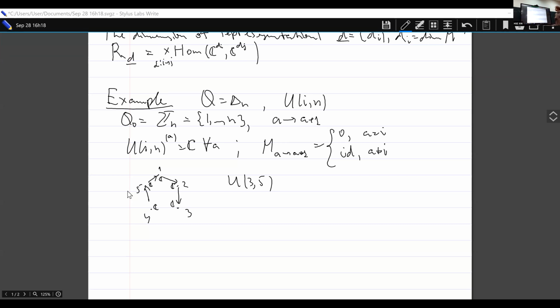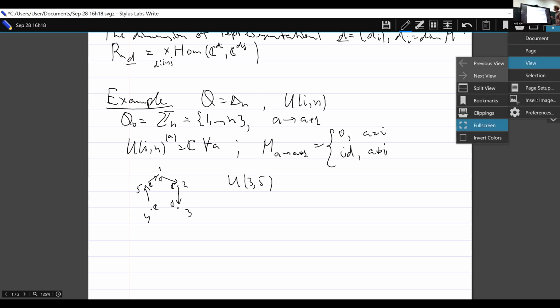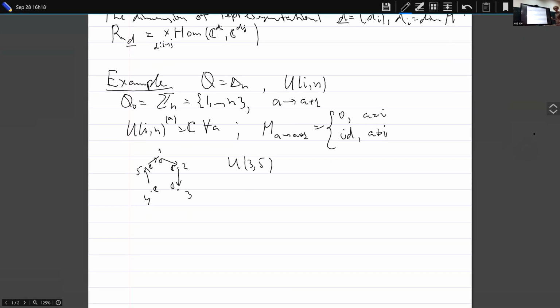So totally we have dimension 5, but the maps somehow depend on this i. So let me make it full screen. Okay, I hope it works now. Does it work? Good. Okay, so that's it.